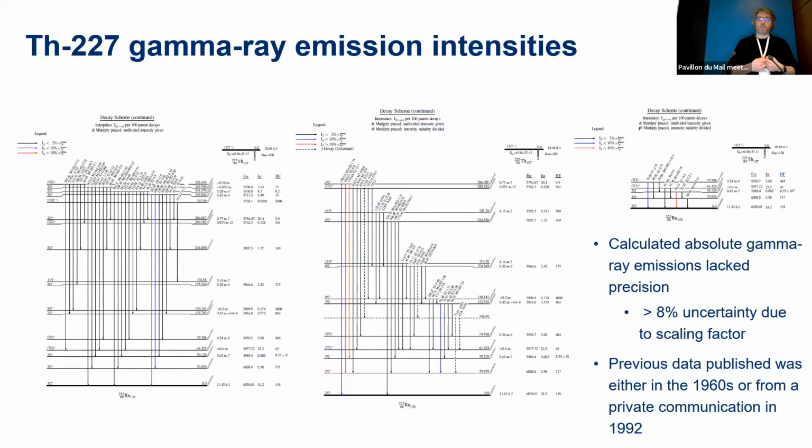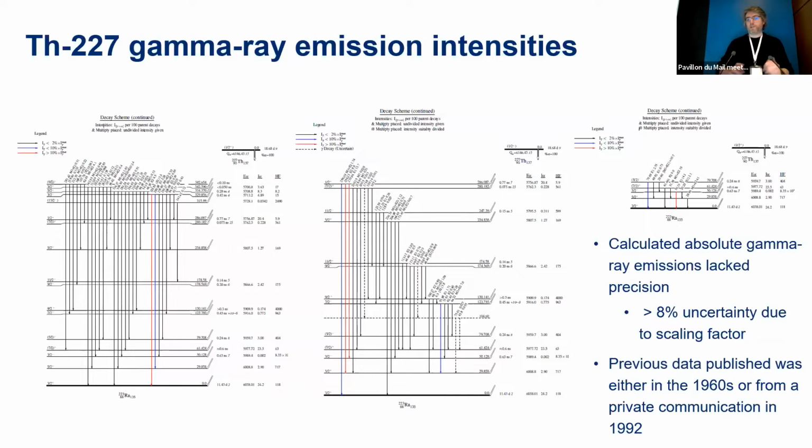I'll come back to that a bit later. So there's about an 8% uncertainty on any activity you calculate with the gamma emission intensities, because it's correlated. Because it's calculated from the decay scheme, that uncertainty is correlated across every single gamma ray. You can't erase it. It has to be 8%. There's a minimum you could have.